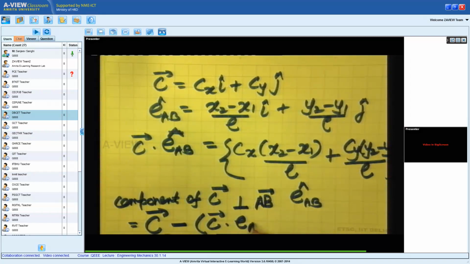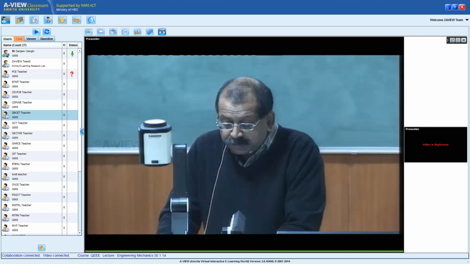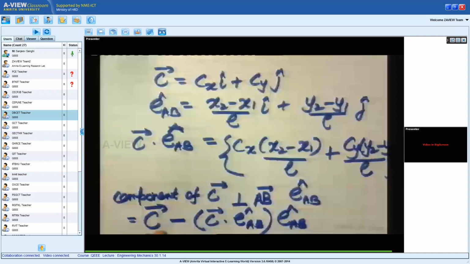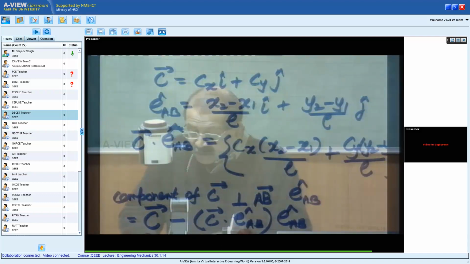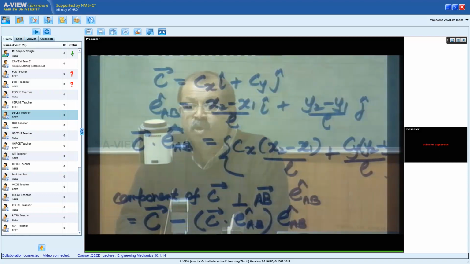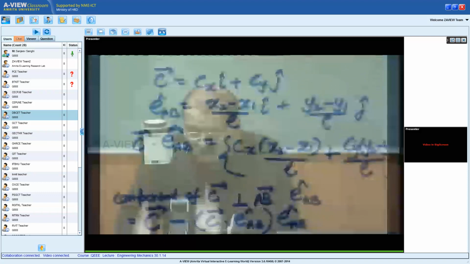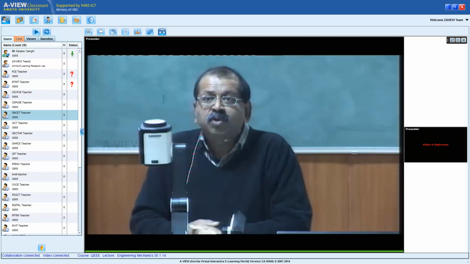C dotted with eAB times eAB. So this is how you find the component of C perpendicular to AB: from the total vector C, you subtract that part of C which is along AB, which is the scalar component times the unit vector eAB, and the net thing which you get will be the component of C which is perpendicular to AB.